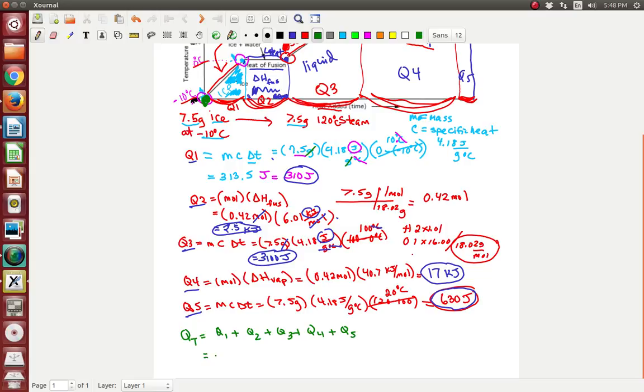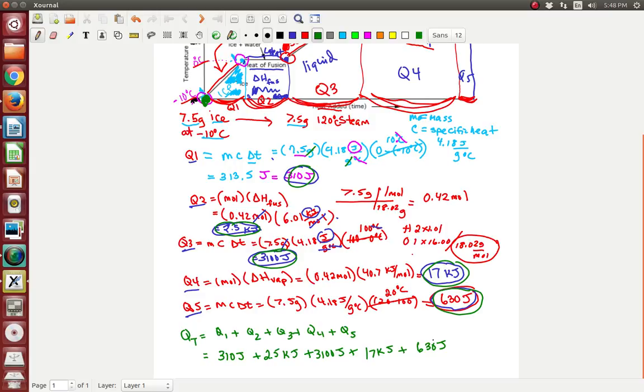That's going to equal 310 joules right here, plus Q2 is 2.5 kilojoules, Q3 3,100 joules, Q4 17 kilojoules, and Q5 630 joules.